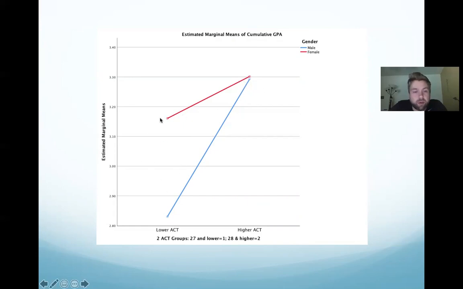So for both men and women, the low ACT group has lower GPA and the high ACT group has much higher GPAs. Now, this spread looks kind of weird, and you may think there's an interaction, but there's not quite. The data obviously reflects that it's close to significant, but not quite, and we will talk more about that in the examples.